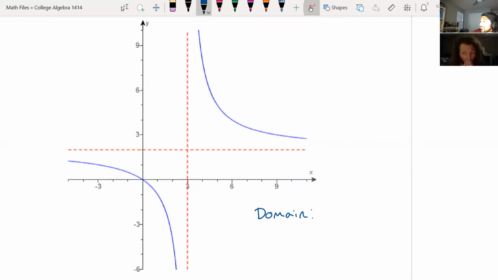So where would we start for our x values? Negative infinity, and we'd stop at 3, and then union, start back up at 3 to infinity. Good. And then what is my range?